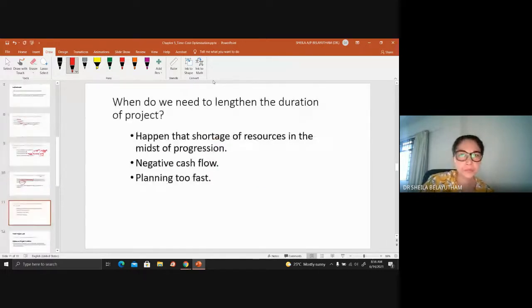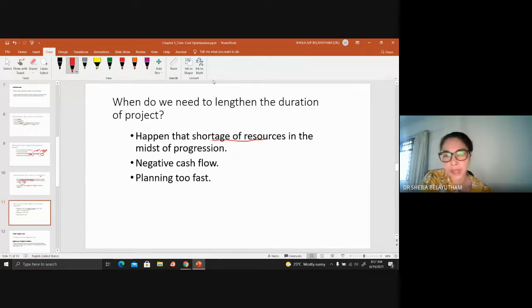So when do we need to lengthen the project duration? What are the circumstances that cause us to lengthen a project duration? Well, one, if you have a shortage of resources in the midst of progression. For example, if you require certain materials which are short in supply, then we can't do much.